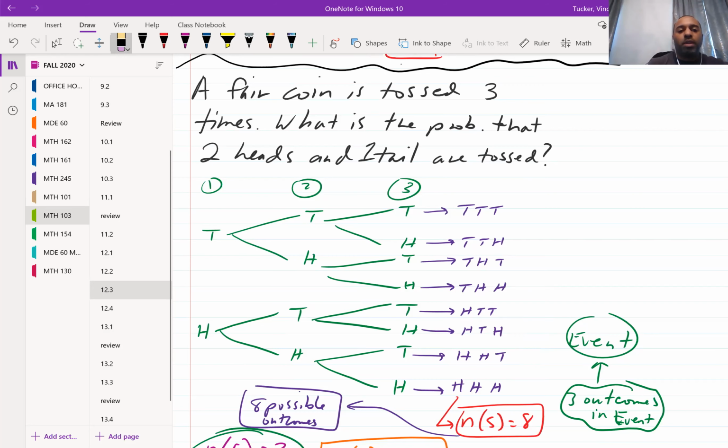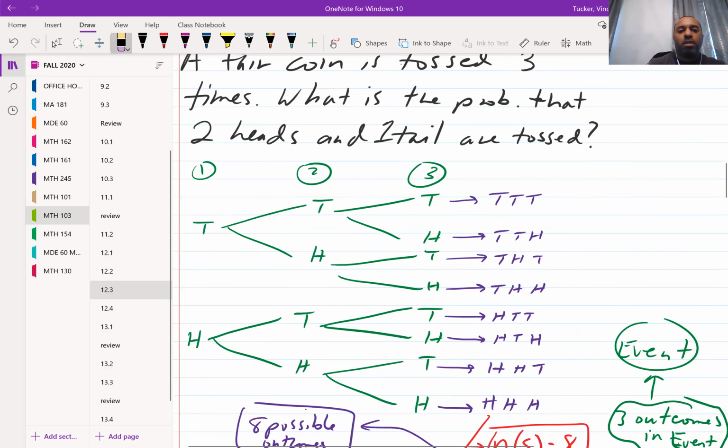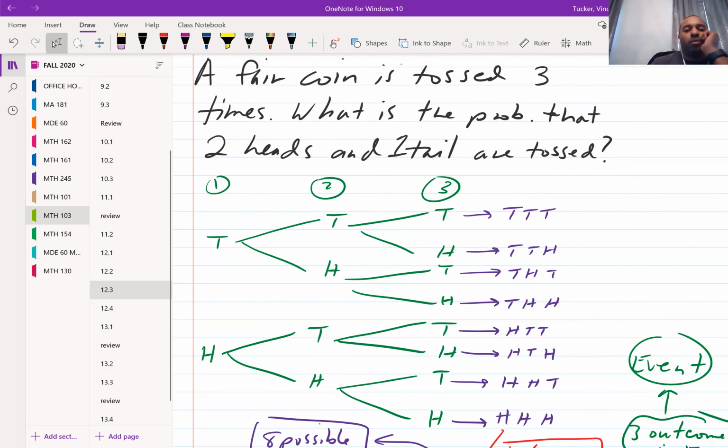So I did that same thing here, in which we explore the possibility of flipping the coin, landing tails first. Then it's possible it can go tails or heads. Then for each one of those, it can go tails or heads. It's really the same exact thing that we did, it's just that we're doing tails and heads versus true and false.